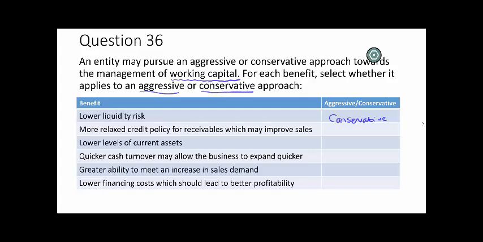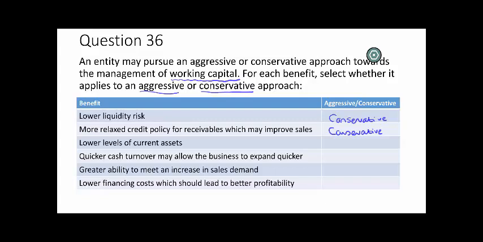The second is that we have a more relaxed credit policy for receivables, which might help improve sales. Again, part of the conservative approach is that we're a bit more relaxed about things, and so yes, offering our customers longer time to pay us, that would be another benefit of the conservative approach.